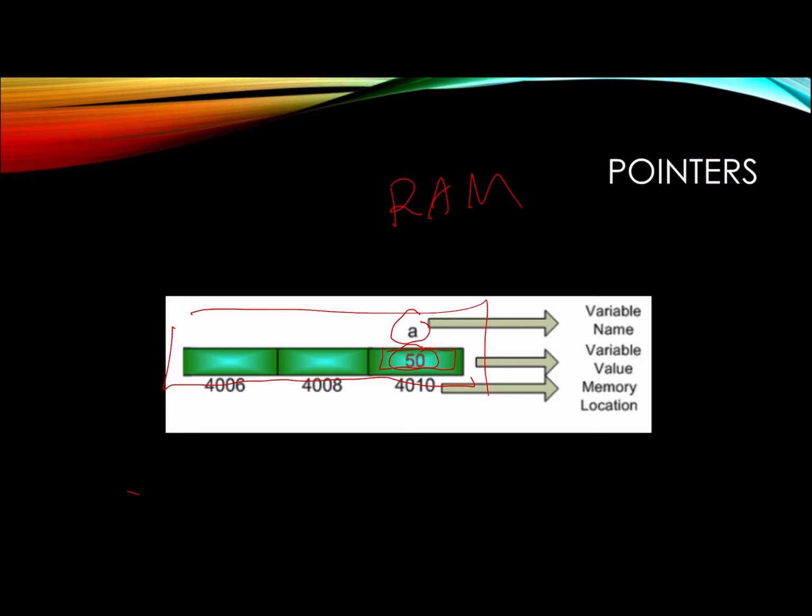Basically, when you use a variable, you use a portion of the RAM, a location in the RAM. So this location over here, which 50 occupies, you can call by its memory location, or you can call by the variable name.